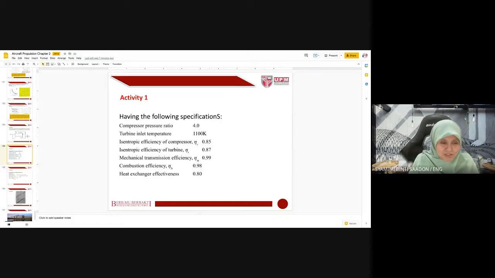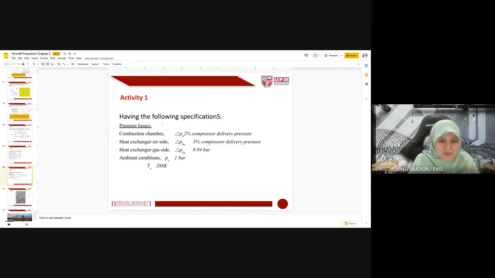Not yet finished: we also have pressure loss specifications. The pressure loss in the combustion chamber and compressor delivery is around 2%, heat exchanger air side around 3%, and heat exchanger gas side 0.04 bar.